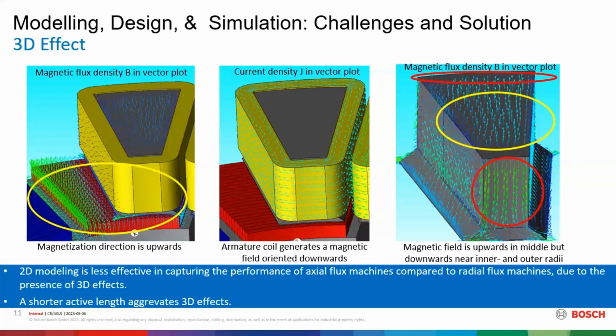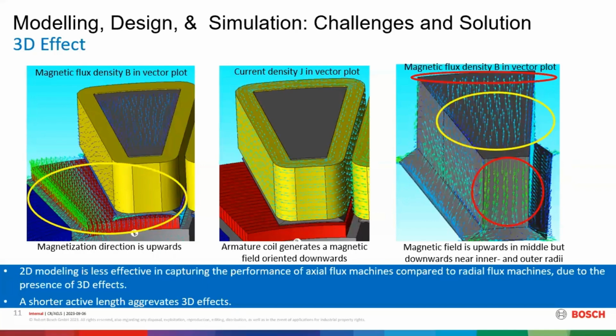And removing all other parts, only keeping this stator tooth, we can see the magnetic field distribution at this time instance. You will see that the fields in the middle part are upwards, while the fields near the regions to the inner and outer radial are downwards. This is because the armature field and excitation field are opposing each other.